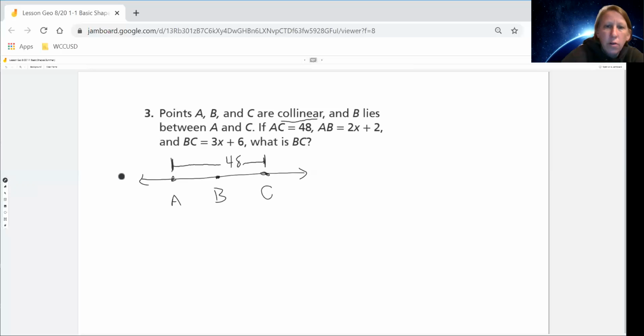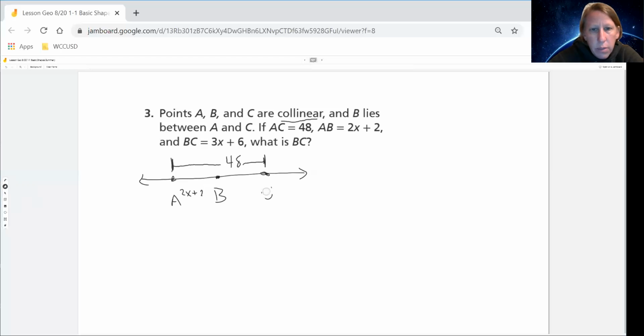And I also know that from A to B is 2x plus 2. So I can mark my figure by putting a little 2x plus 2 right there. Draw myself a picture of what I'm trying to do. And from B to C is 3x plus 6. I'm going to be a little fancy here. I don't think my picture is that good yet.